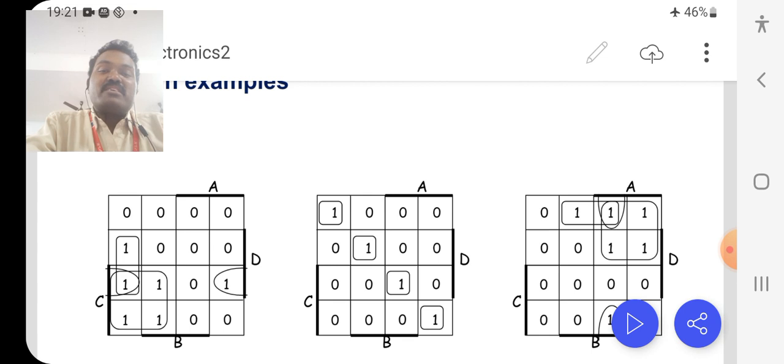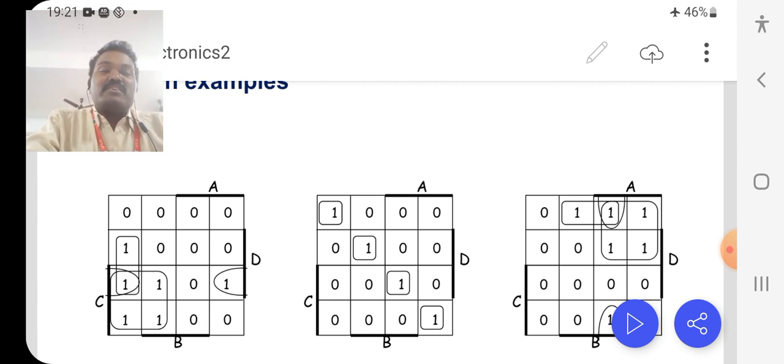Consider the third row, first column and fourth column. I already mentioned the rule: leftmost and rightmost cells are adjacent cells. So the third row first column and the third row fourth column are adjacent cells. These adjacent cells form a group.